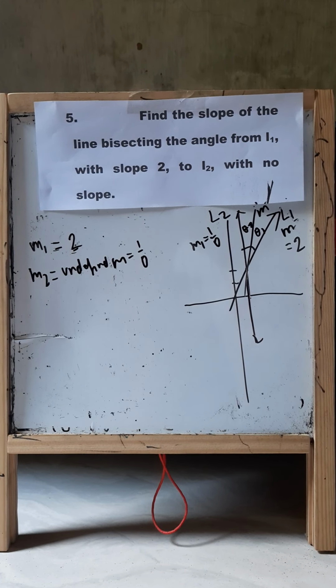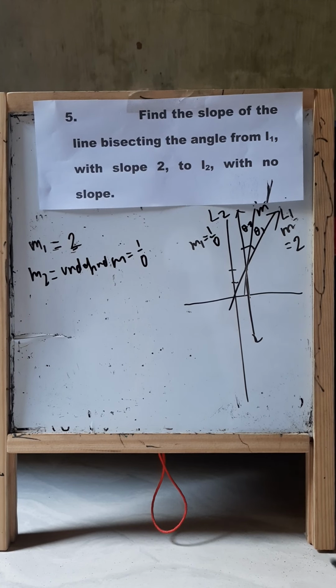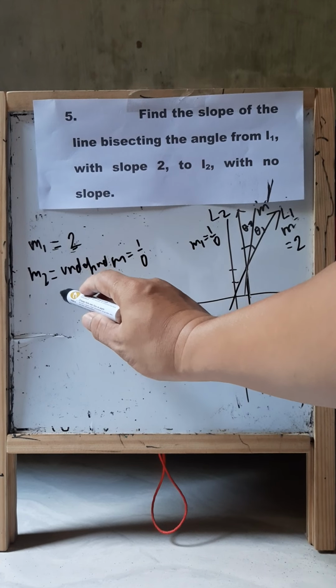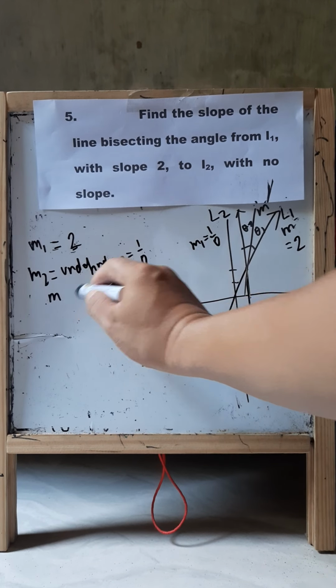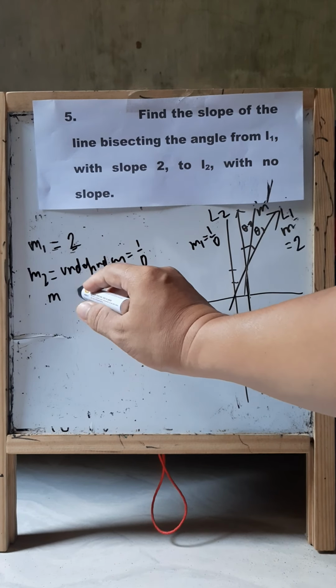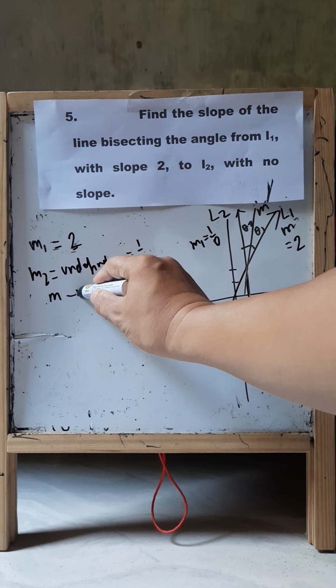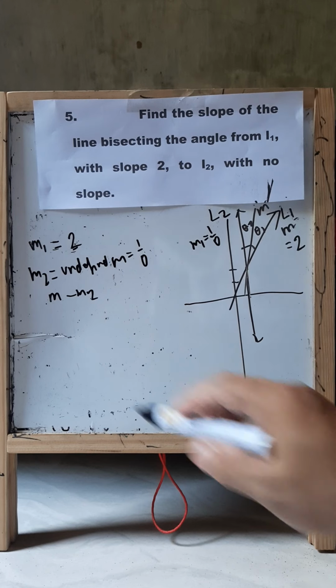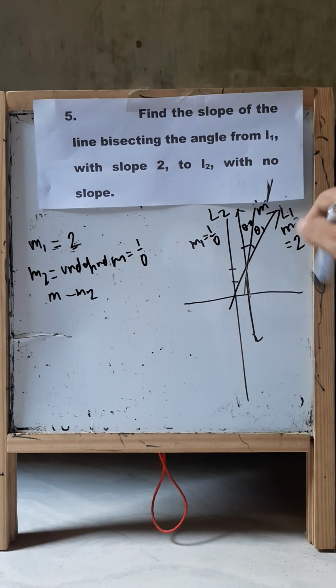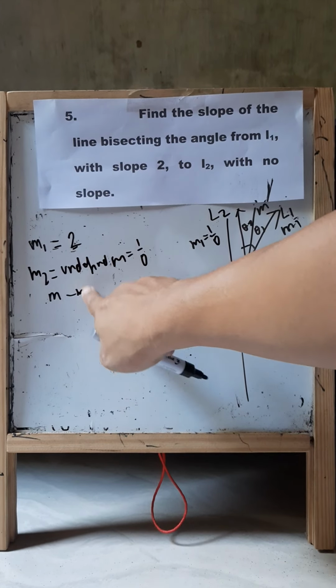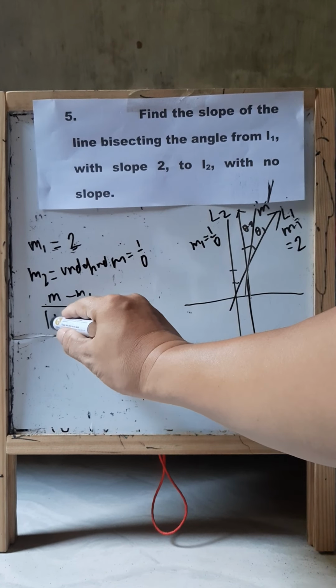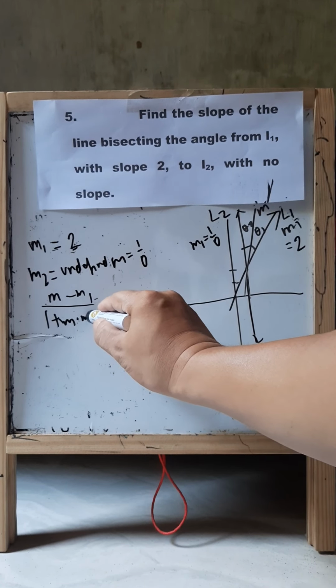Alright, so what will we do here? Of course, we will form an equation again. The two angles are equal. So for theta 1, we have m minus m sub 1, all over 1 plus m times m sub 1.